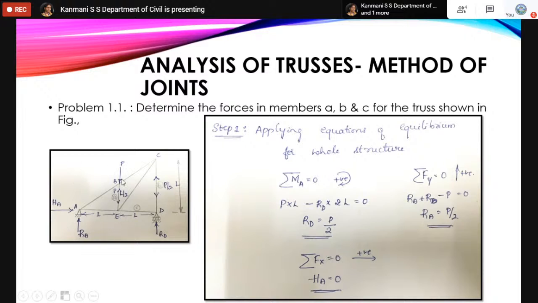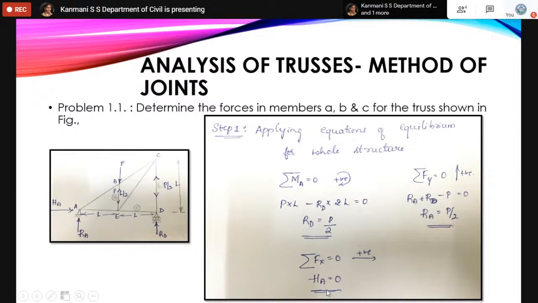Force P is moving about point A in the clockwise direction, so plus P into distance L. The other force I have is RD. About point A, RD is moving in the anti-clockwise direction, so I'll put minus RD into distance from point A, which is 2L. We will get P into L minus RD into 2L. So L and L cancel, and RD is equal to P by 2.